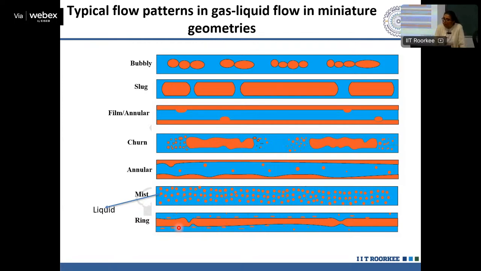The gas phase is close to the annular region. The liquid is adhered to the wall, and basically the liquid film is very thin. On the thin film, when the liquid accumulates at a certain point, it forms a kind of ring structure.